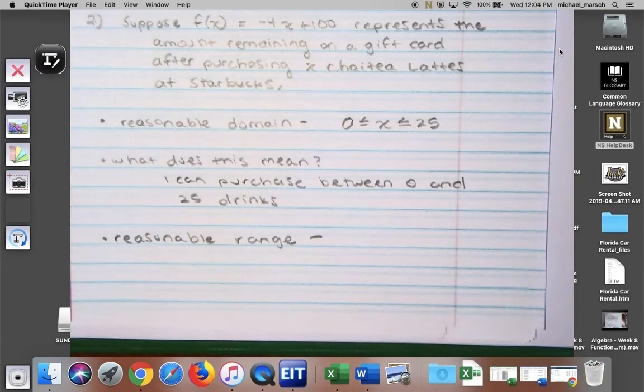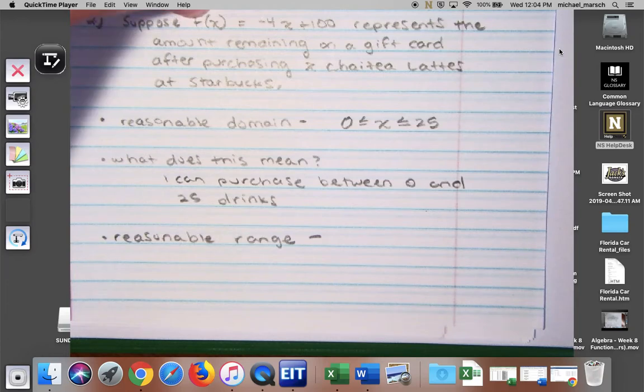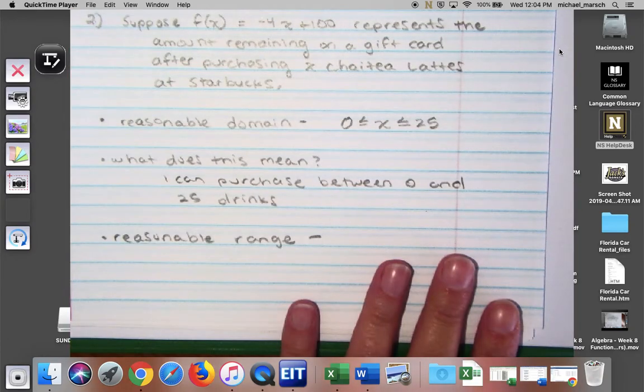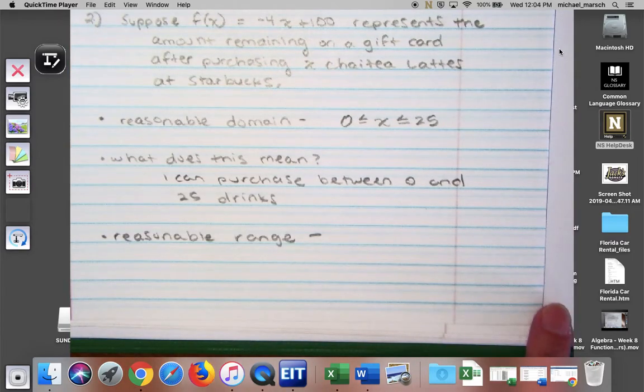So if I wanted you to find the reasonable domain, of course I want you to find the reasonable range. Remember, the range is our y values, and we're using this f of x to take the place of that y. So what would my possible y values be every time I order a drink?